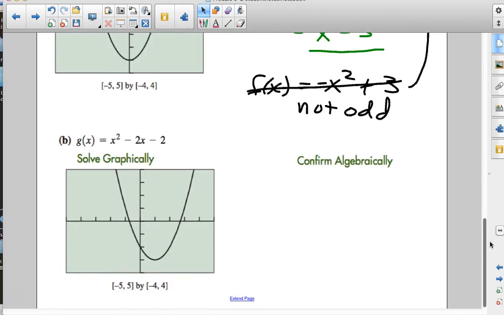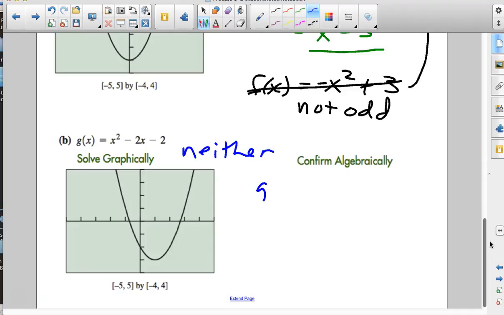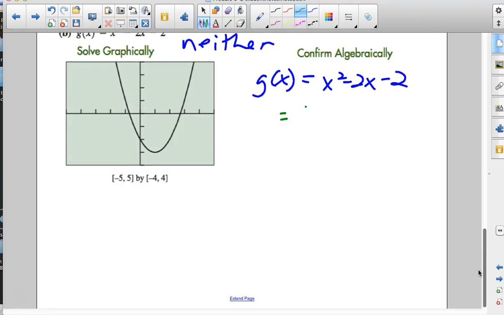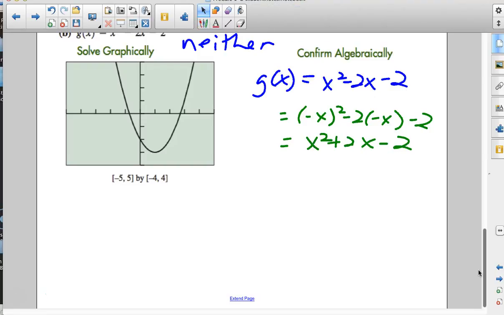How about that little bugger right there? Even, odd, neither, neither. So now we'd have to confirm that algebraically. We'd say, all right, g of x starting looking like this. And if we put a negative x in and simplify it, the first thing we do is we compare it to the original, ask ourselves, is it the same as the original?